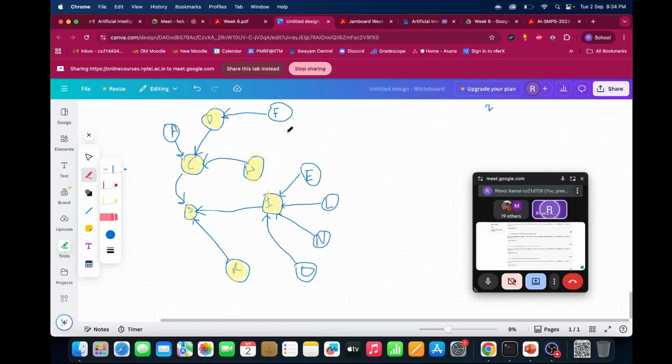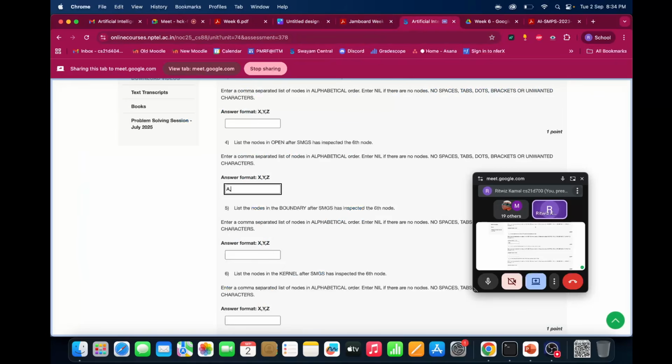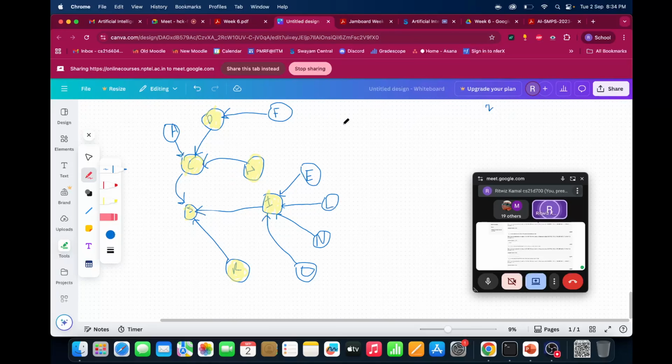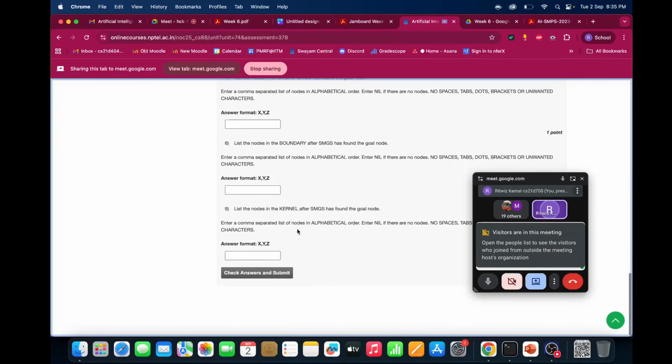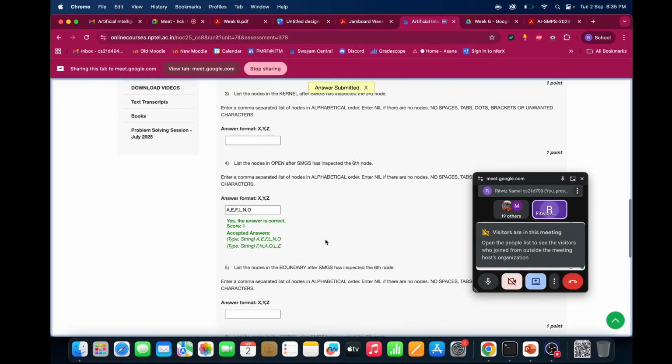So we will have A, E, F, and what else is there? L and O. Let's check. Yes.